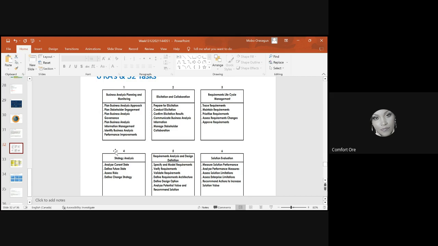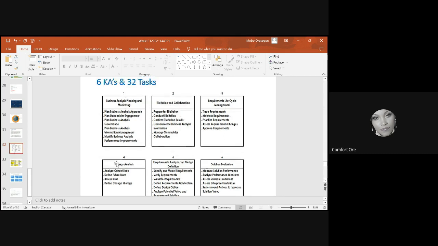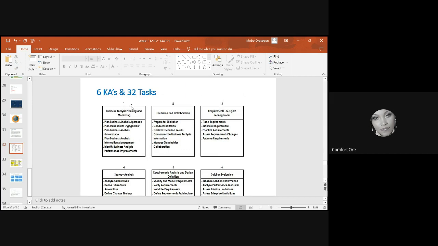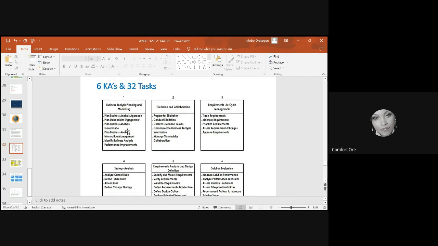Okay, so it's the same thing here. The knowledge areas and 32 tasks. So for each knowledge area, you remember we mentioned 6. For each knowledge area, there are tasks embedded in it. So the business analysis, planning, and monitoring has 5 tasks.